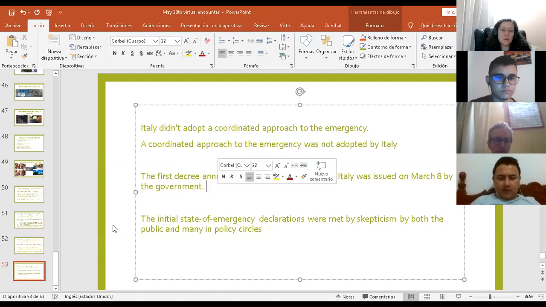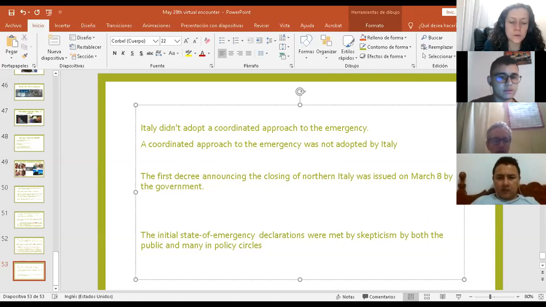Okay, the next one. The government issued the first decree announcing the closing of northern Italy on March 8th.